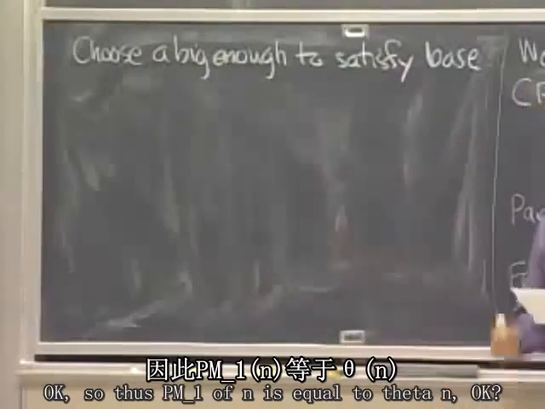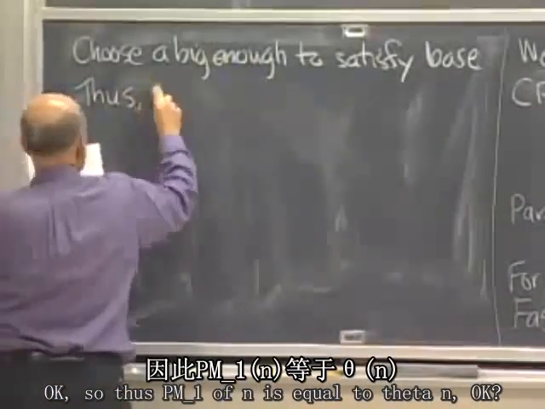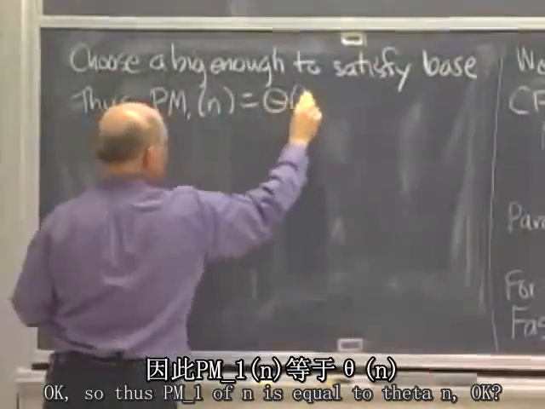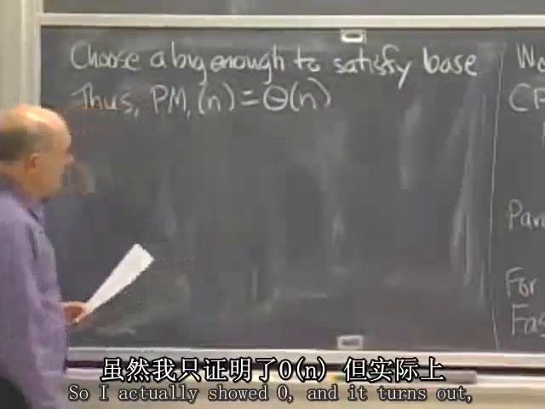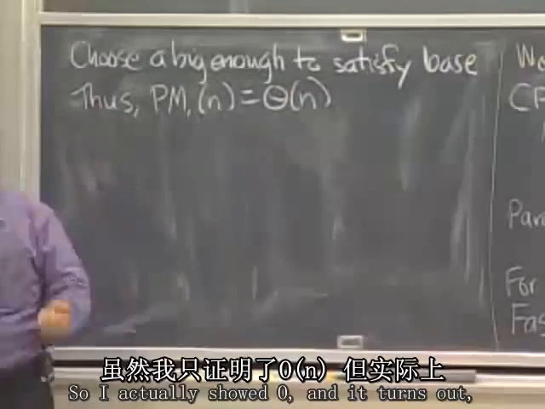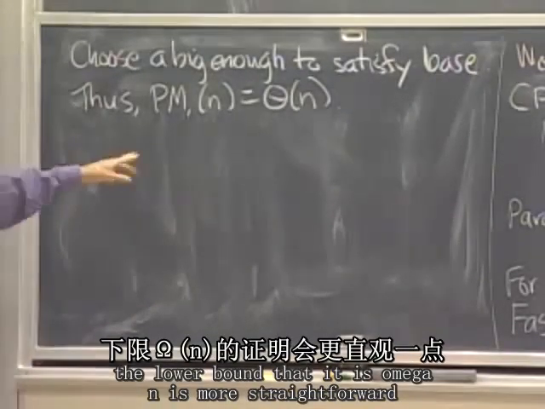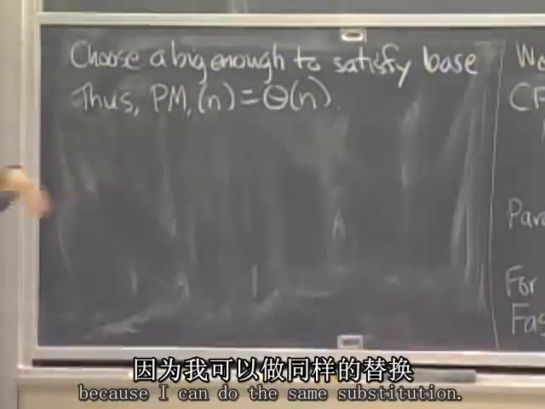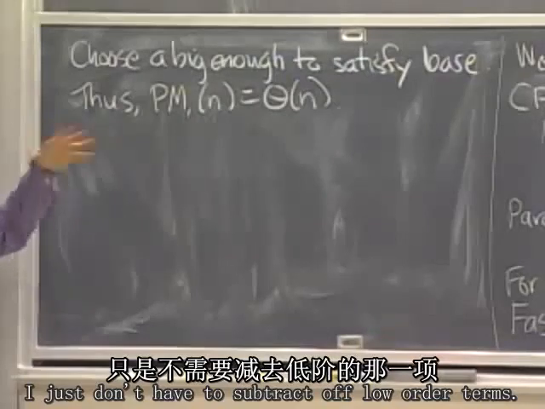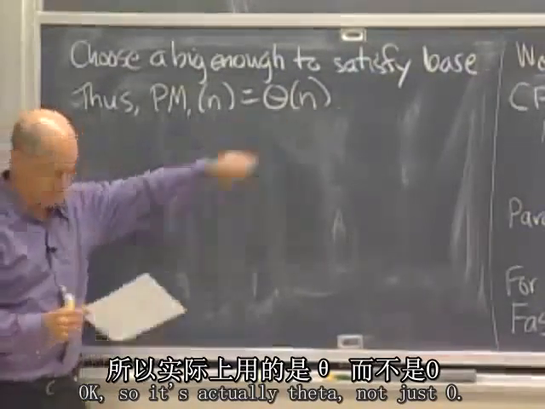Thus PM1 of n is equal to theta n. So I actually showed O, and it turns out the lower bound, that it is omega n, is more straightforward because the recurrence is easier. I can do the same substitution, I just don't have to subtract off low order terms. So it's actually theta, not just O.